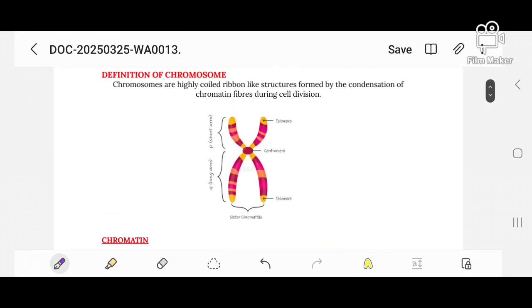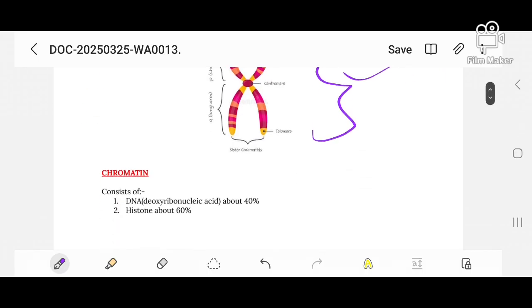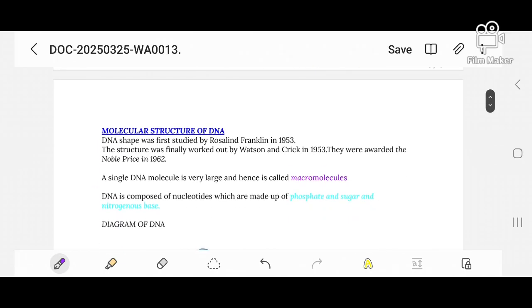At first, what do we have to learn? Definition of chromosomes, diagram, what chromatin fibers consist of, who was the first person to study the DNA, and the double helical structure was first worked out by Watson and Crick. The year is not required.